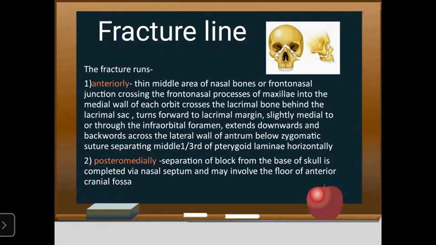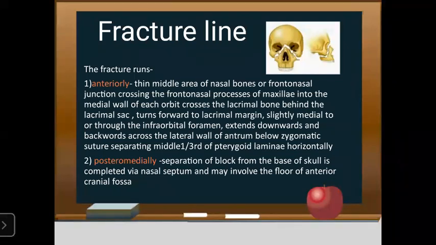From there, it turns forwards to the lacrimal margin, slightly medial to or through the infraorbital foramen, extends downwards and backwards across the lateral wall of antrum below the zygomatic suture, separating the middle one third of pterygoid lamina horizontally.